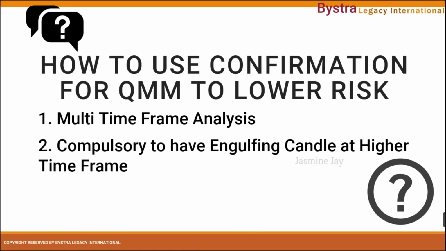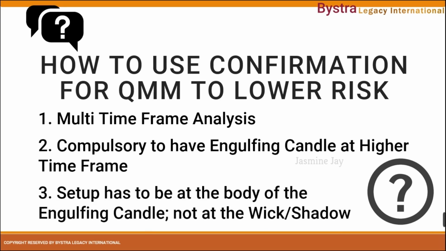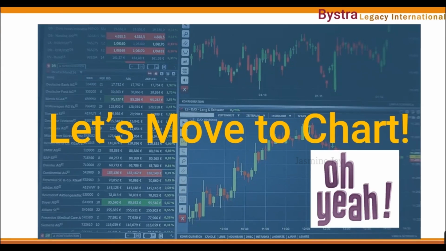Secondly, it is compulsory to have an engulfing candle at the higher time frame. And third, the setup has to be at the body of the engulfing candle and never at the wick or the shadow of the engulfing candle. These are considered very high risk.